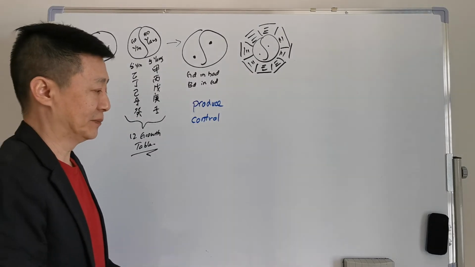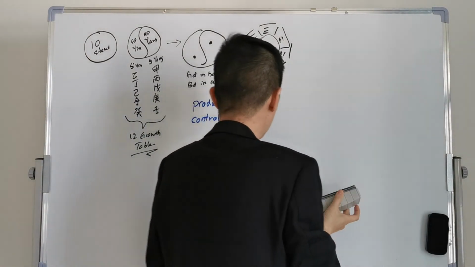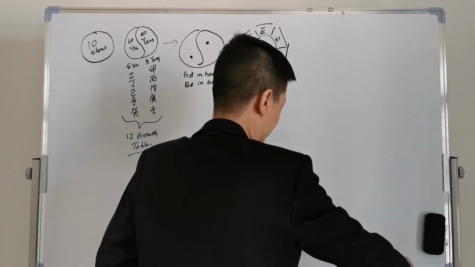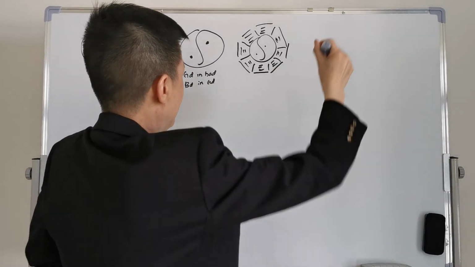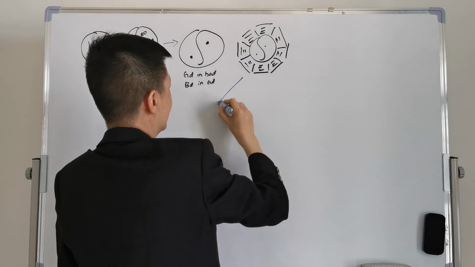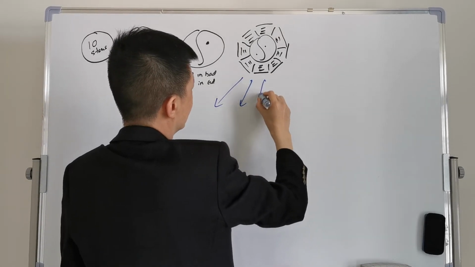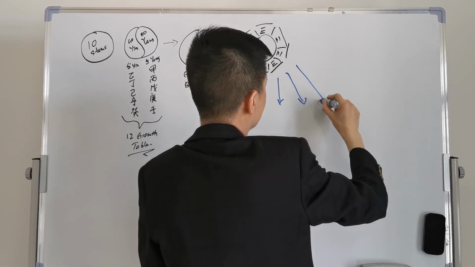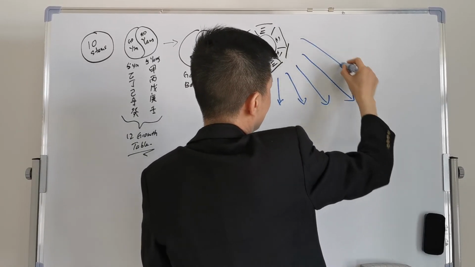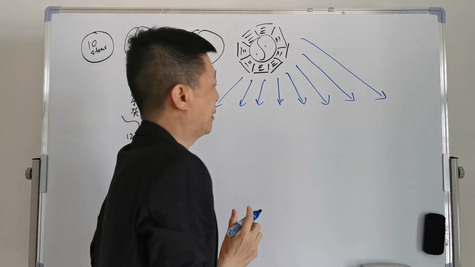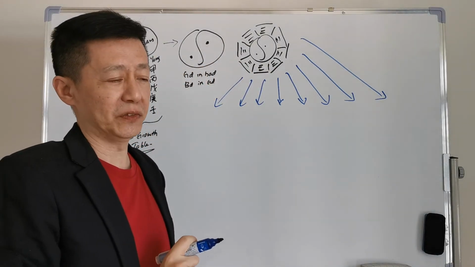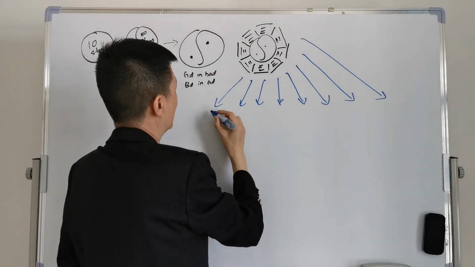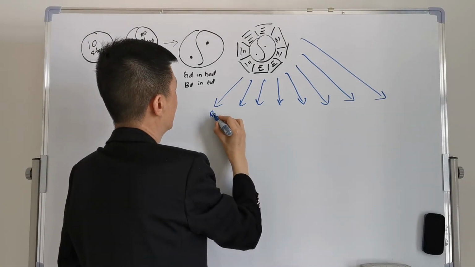Then now we talk about Bagua. Bagua has 8: 1, 2, 3, 4, 5, 6, 7, 8. Bagua has 8 interpretations for you to understand from the Bazi perspective. Number 1 is called produce.